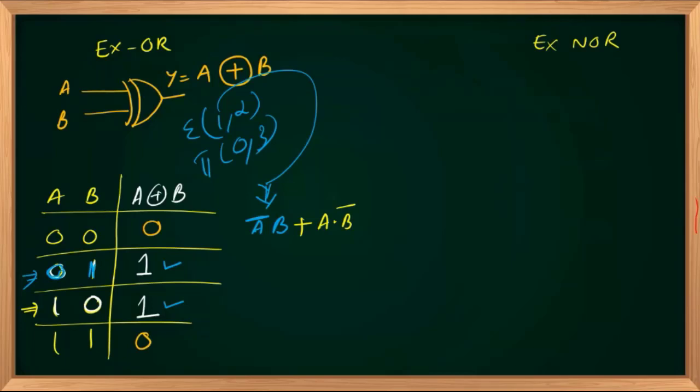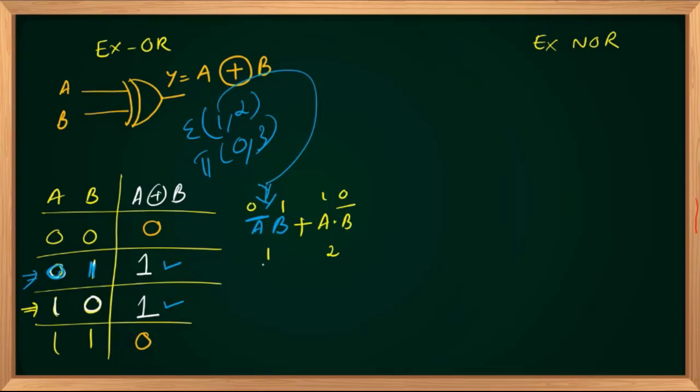This is minterm 1 and this is minterm 2: 0 1 is minterm 1, 1 0 is minterm 2, correct? That is the logic expression, A bar B plus A B bar. Different input conditions, two conditions, I am taking the OR between them.